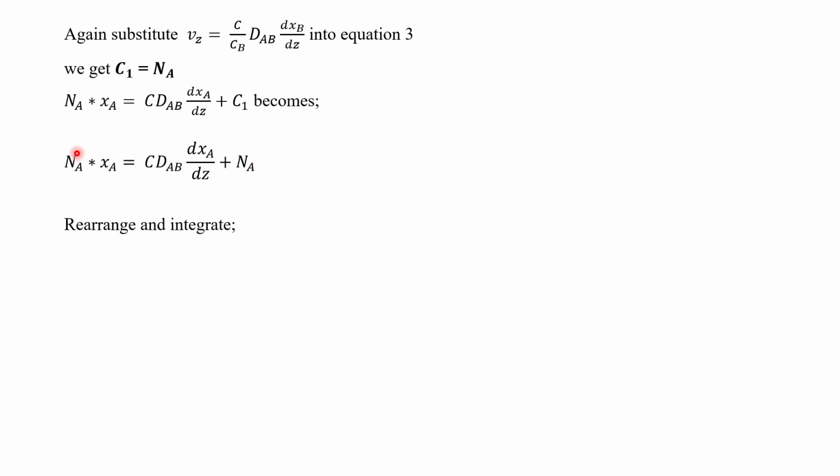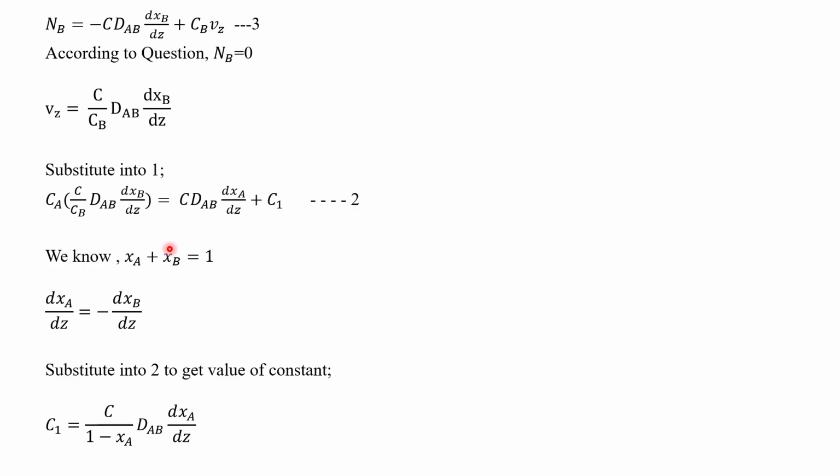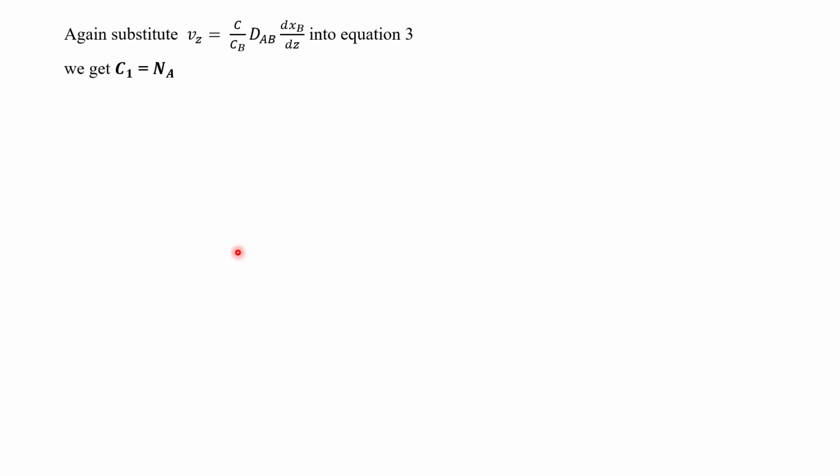We rearrange, take Na to the left and rearrange to get the equation. Here xb2 and xb1, 1 minus xa is replaced with xb. 1 minus xa can be replaced as xb because xa plus xb is equal to 1.